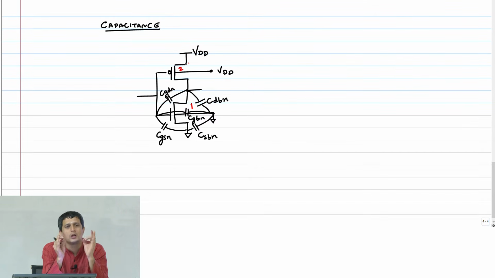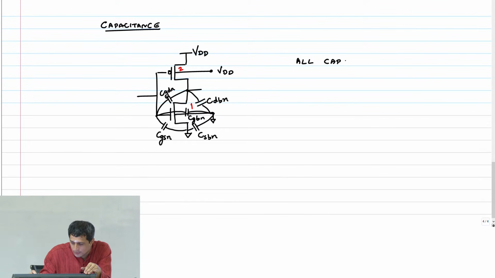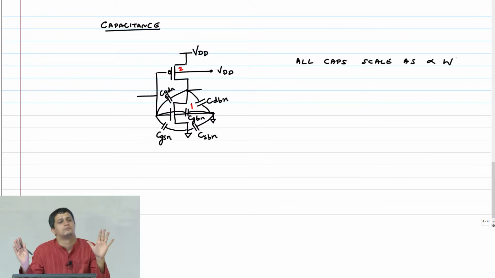Remember, all the capacitances that we derived scale linearly with W. That was our primary conclusion from that module. So let me put that down explicitly: all caps scale as proportional to W.